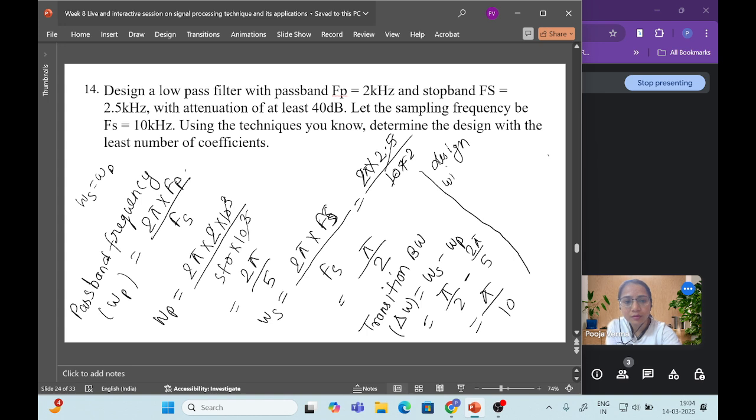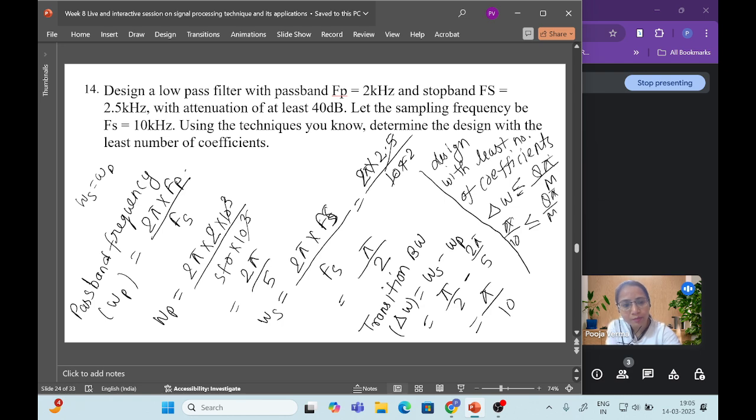Already we know the relation between transition bandwidth and M: transition bandwidth must be less than or equal to 8 pi by M for the least number of coefficients. So transition bandwidth is given as pi by 10, which must be less than or equal to 8 pi by M.